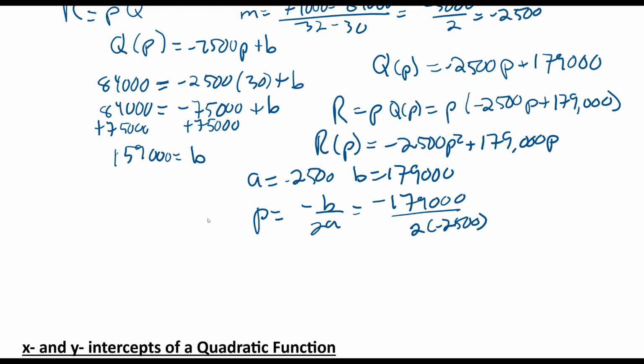By the way, this obviously has a negative leading coefficient, so it's opening down, so the vertex is a maximum. Okay. I wrote that wrong, it's 159,000, 179,000. Sorry about that. Glad I caught that before I got too far along.